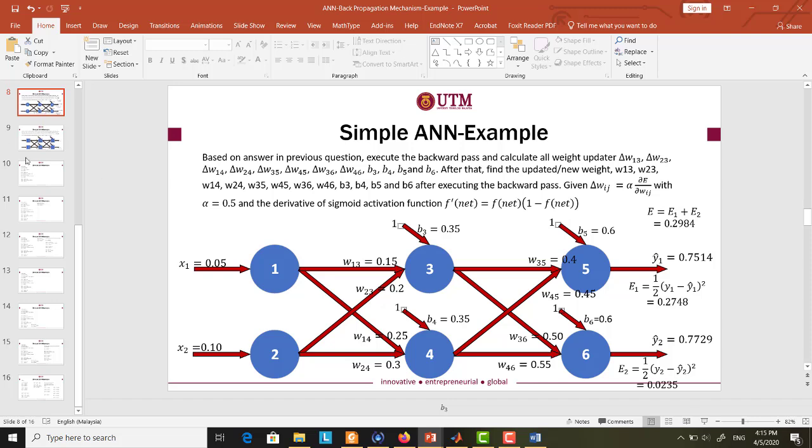But of course, that's why when we discuss gradient descent, we only have the example where you have only one hidden layer.